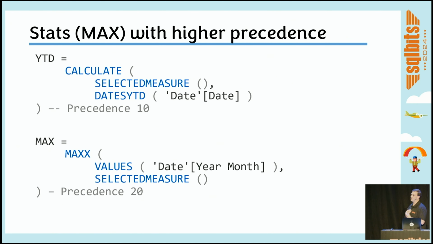So if I started out with my time intelligence and my statistics, which one has the higher precedence? If I started down the route of, okay, max or statistics is going to have the higher precedence, this is the code that I would be looking at. If I take that measure code and plug it in, this is what I'd be looking at.